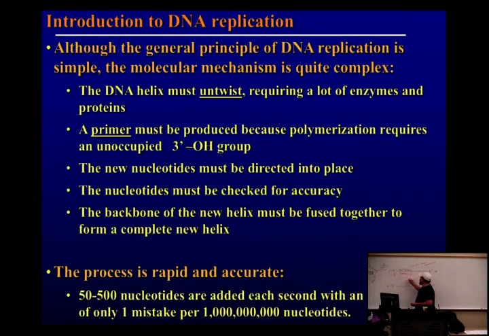In the lab, we use DNA, but inside your body, you use RNA. All right, and then obviously the new nucleotides that match these have to be directed into place. And then we want to make sure that they've been put in accurately.